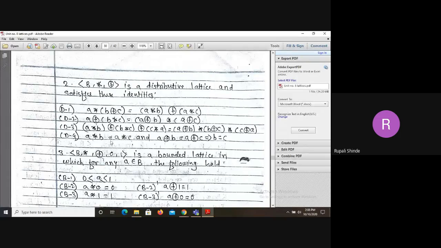After cancellation we will get B is equal to C. Likewise, look at the second equation, A XOR B is equal to A XOR C. Again, A is common from both sides, so we can cancel it. So what is remaining? B is equal to C. That's why these two equations imply B is equal to C. So these are the four properties of a distributive lattice.